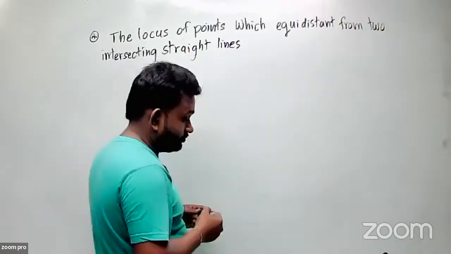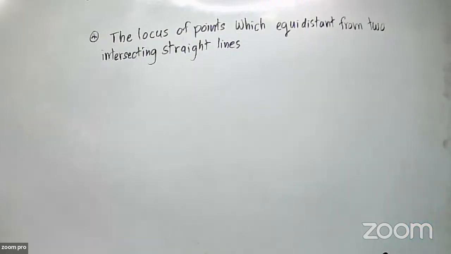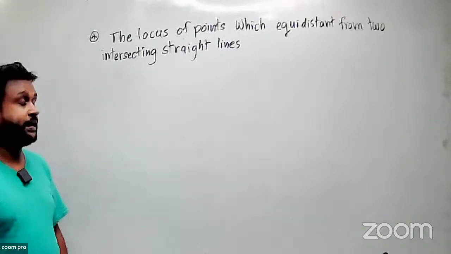Write down this one. The locus of points which are equidistant from two intersecting straight lines.